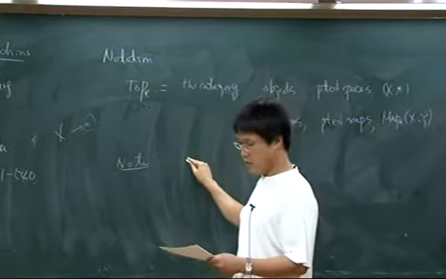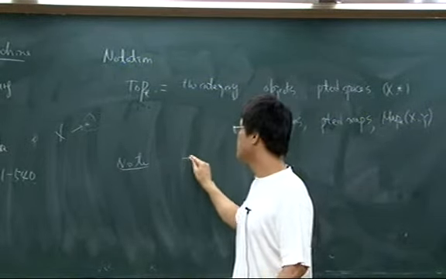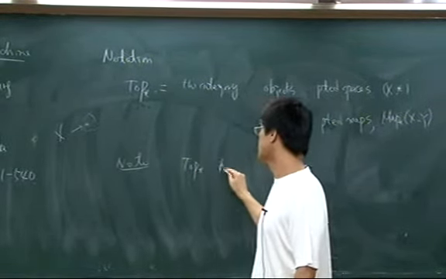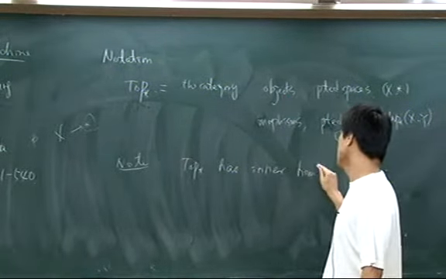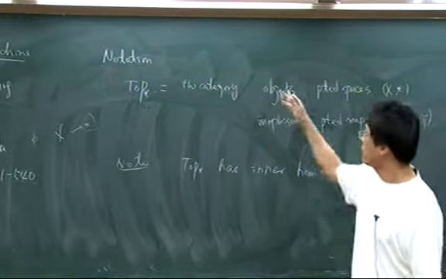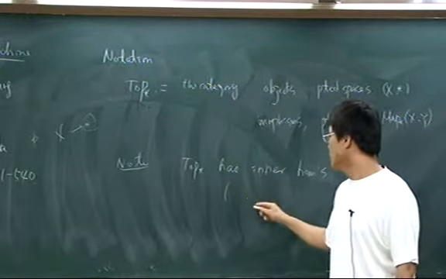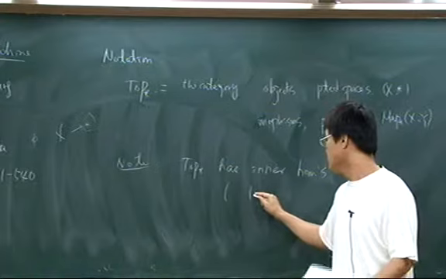So this category has an internal Hom functor.